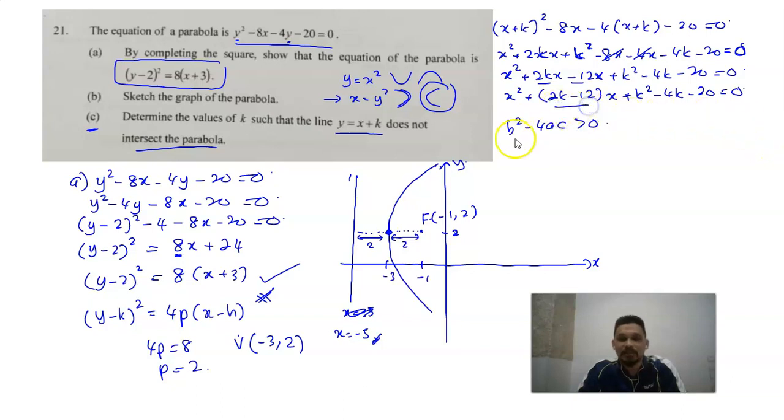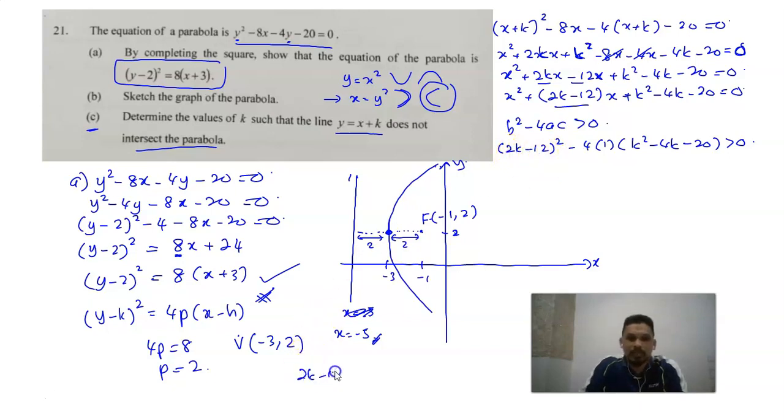So b here is 2k minus 12, squared, minus 4 times a equal to 1, and c here, k squared minus 4k minus 20, greater than 0. Expand this (2k minus 12) squared. Again, please remember, this is 2k minus 12 multiplied with 2k minus 12.